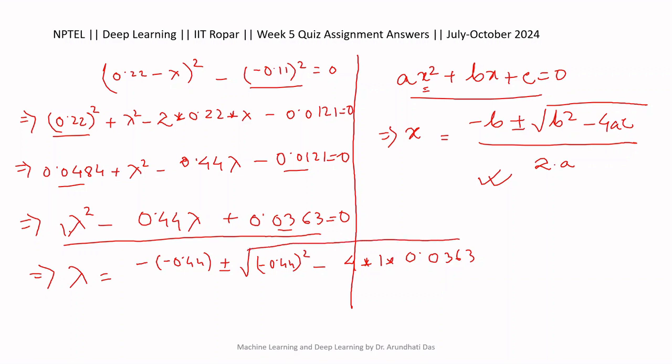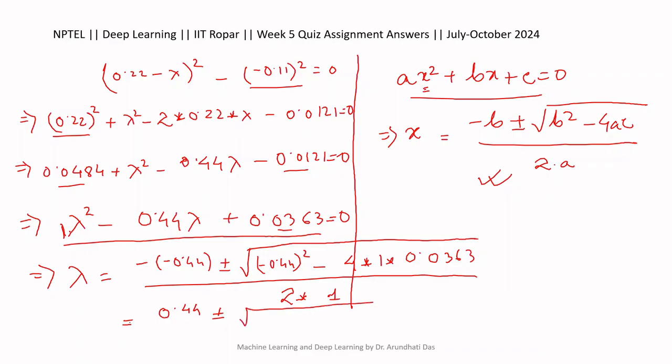This all under the square root, divided by twice of 1, right? Because your a value is 1. So what will be the final value here? Just some calculations that I am doing. 0.44 plus minus, within the square root I'll be having 0.1936 minus 0.1452, yes, and I'll divide it by 2.